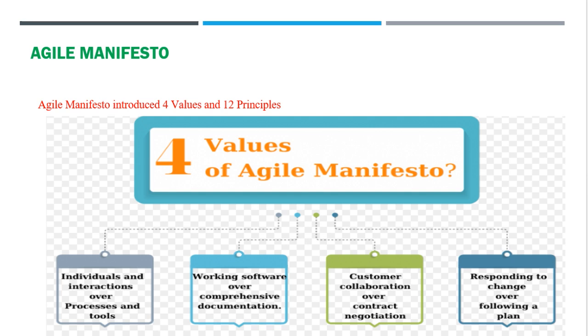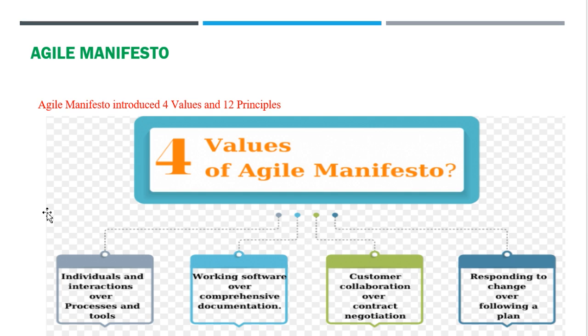So, in this example, you understood that contract negotiation represents a rigid, detailed agreement where all aspects are predefined and inflexible. Customer collaboration represents a dynamic, ongoing process where you and the planner work together to make decisions and adjustments based on your needs and feedback.